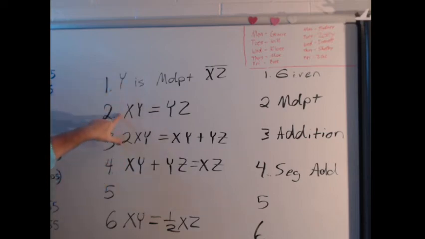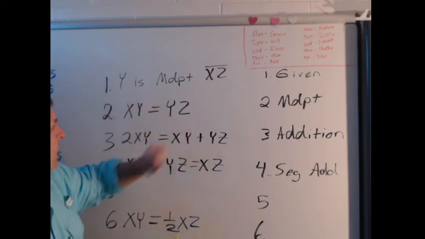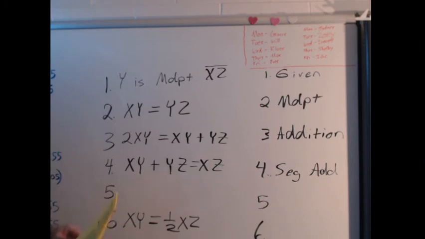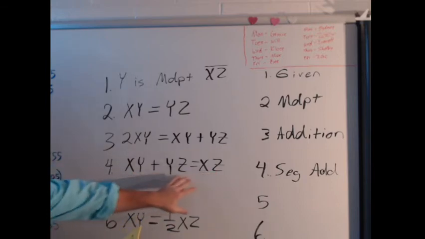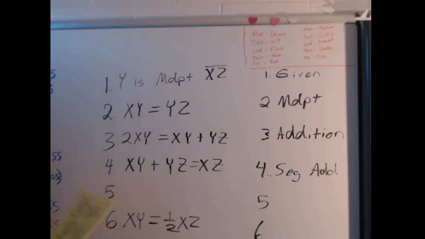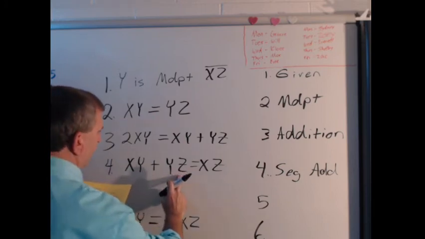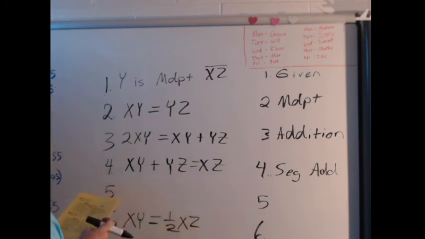Anytime you see midpoint, you know that xy is going to have to equal yz. Whenever you do have a line, pretty much always, you're going to have to show or remind everyone why that particular line equals that. Okay? So, I now have xy and yz is equal to xz.